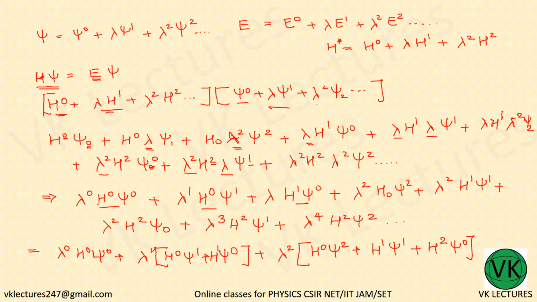This is H0. The sum of the superscripts has to be equal to the power of the lambda. So it is λ^1, so this is 0 plus 1, this is 1 plus 0. This is λ squared, so 0, 2, 1, 1, 2, 0. Suppose you have λ cubed, how can we write that?